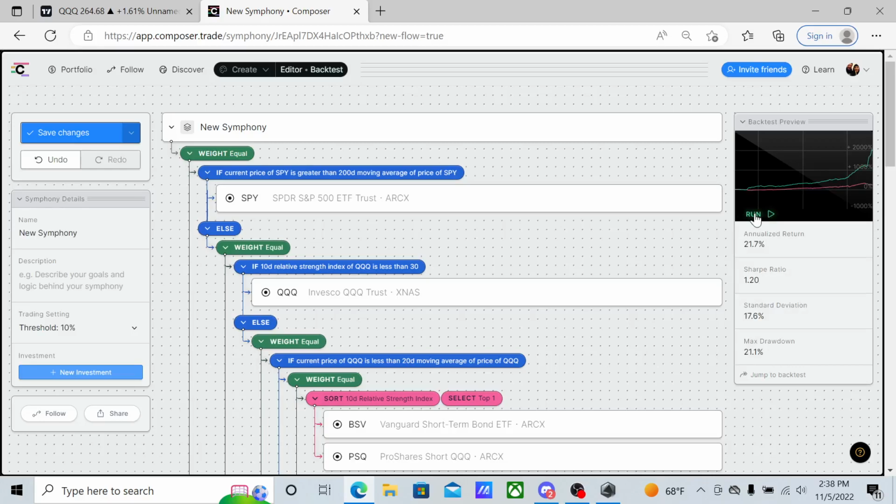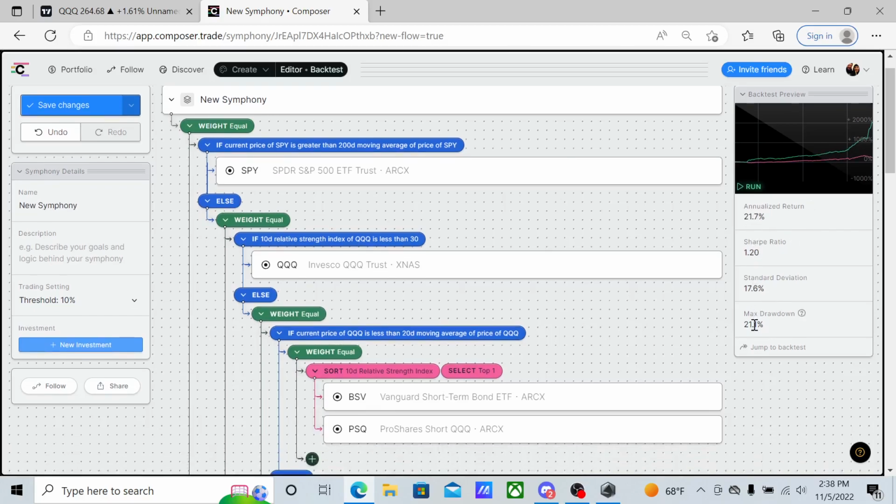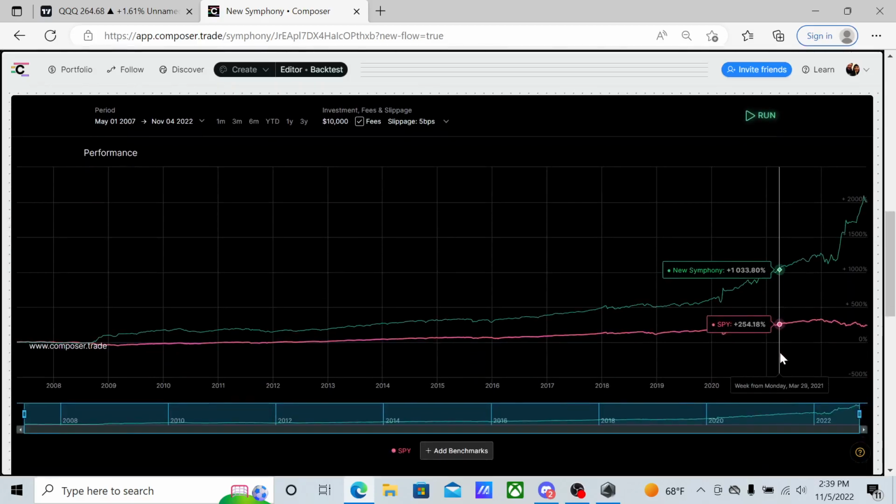Okay, so now it has still increased your returns, and it's actually decreased your max drawdown, which is what we're looking for. Because we just want to know when it's good to be in and when it's good to be out. Just by filtering between short-term bonds and inverse ETFs, that can help us out.